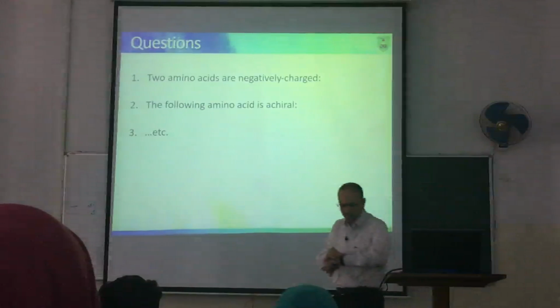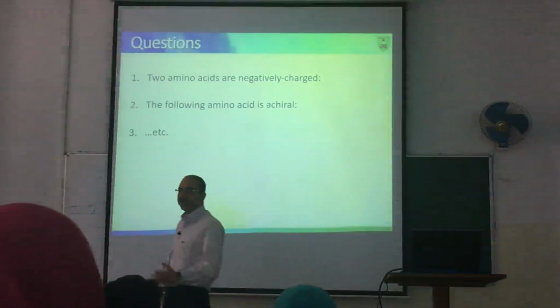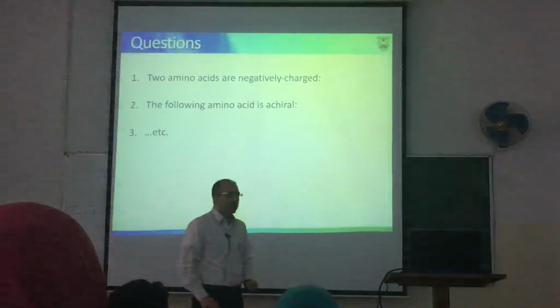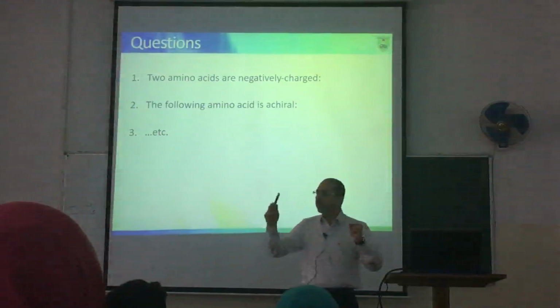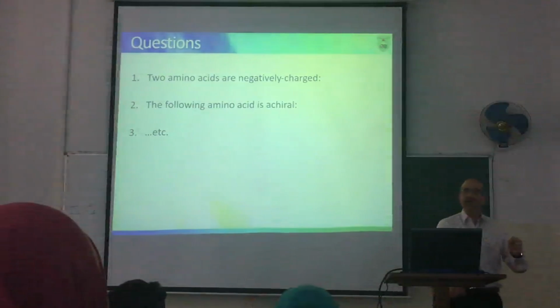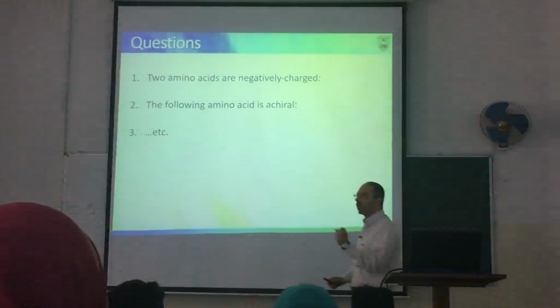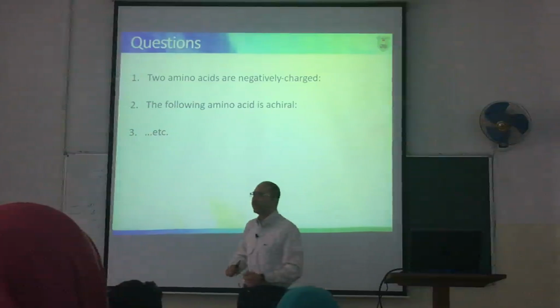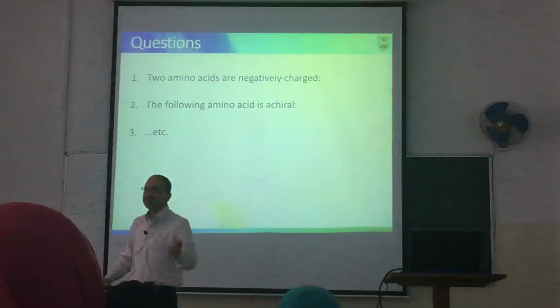So I can simply ask you in the exam: which two amino acids contain sulfur? Methionine and cysteine. Which amino acids have aliphatic branched R groups? Valine, leucine, isoleucine. Which two amino acids are negatively charged? Glutamic acid, aspartic acid.